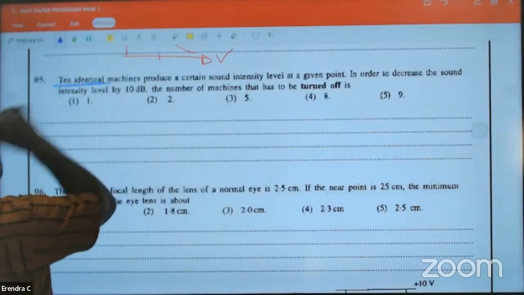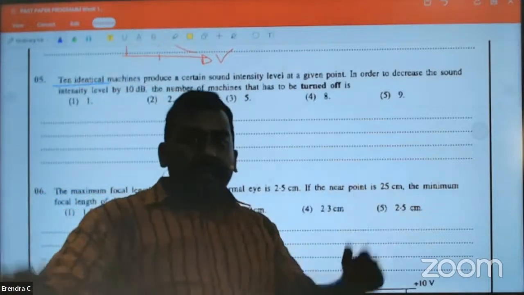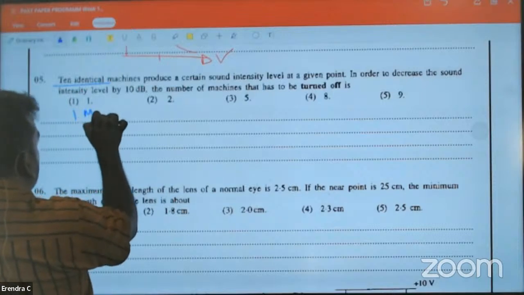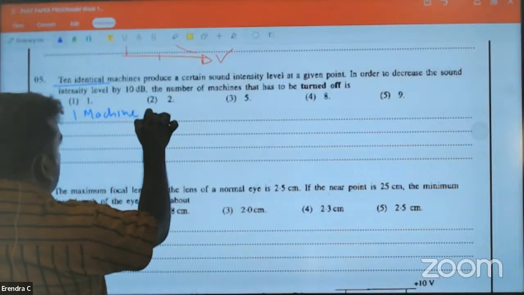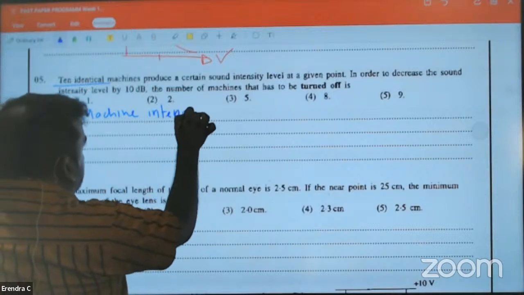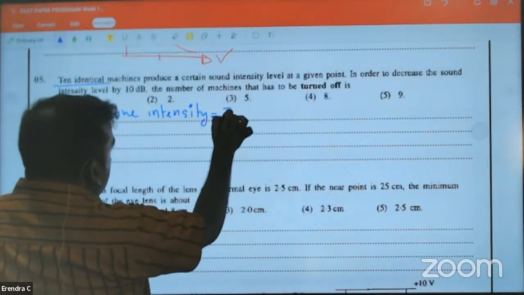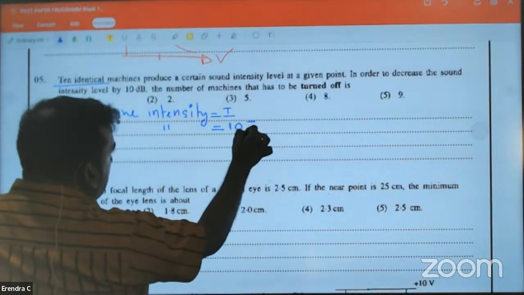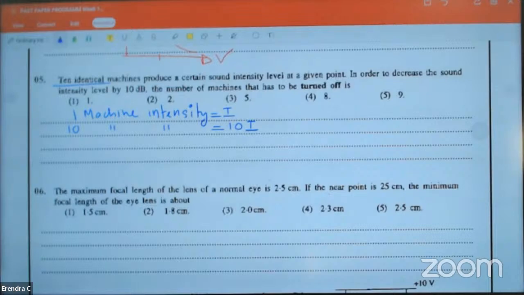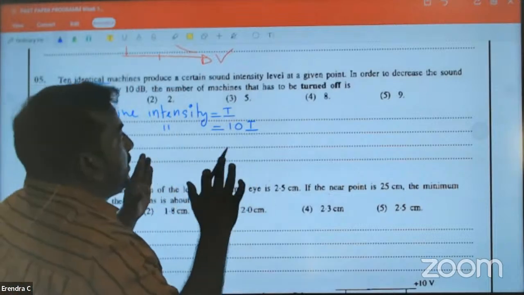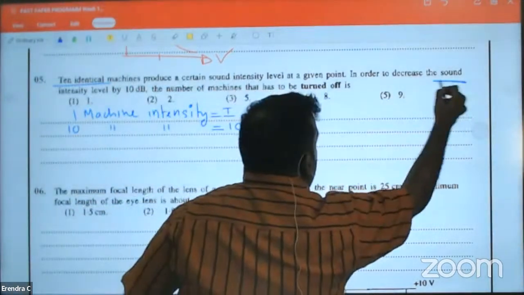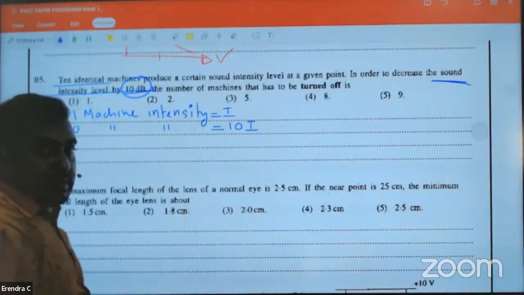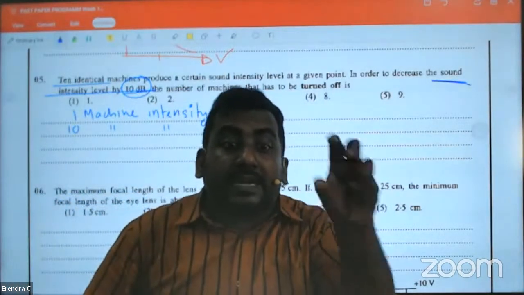10 identical machines. Let's say one machine's intensity is I. 10 machines, 10I. In order to decrease the sound intensity level by 10 decibels, sound intensity level means beta.